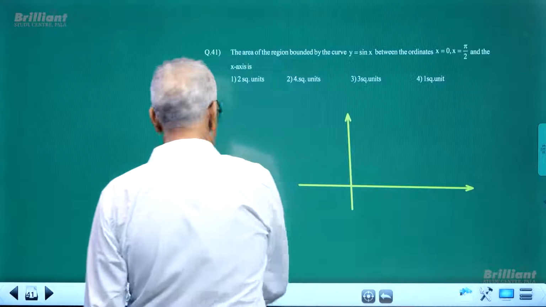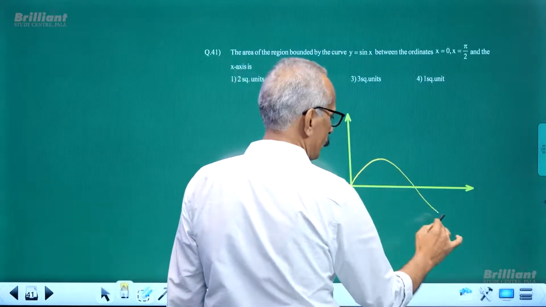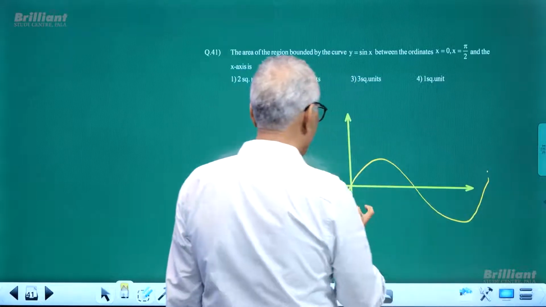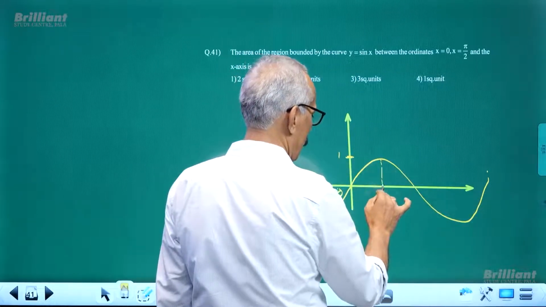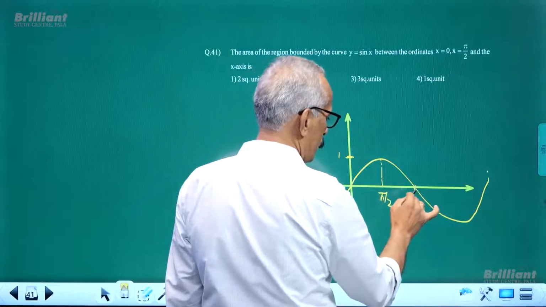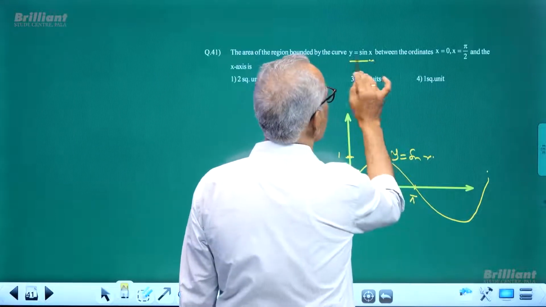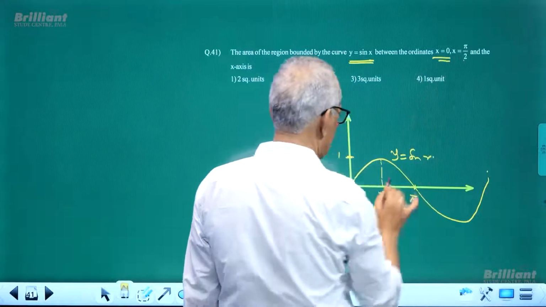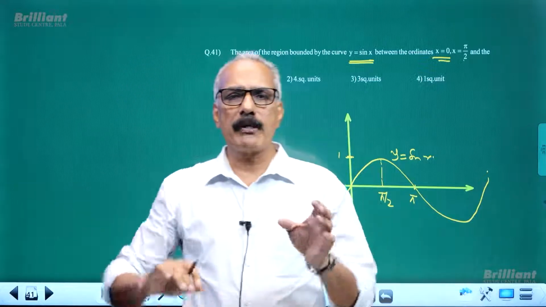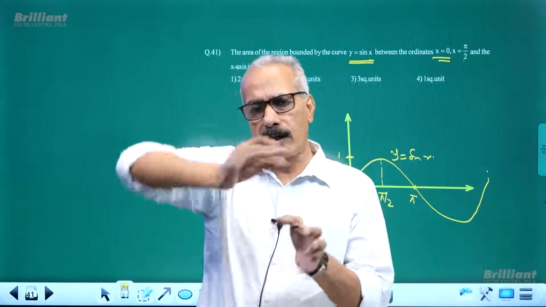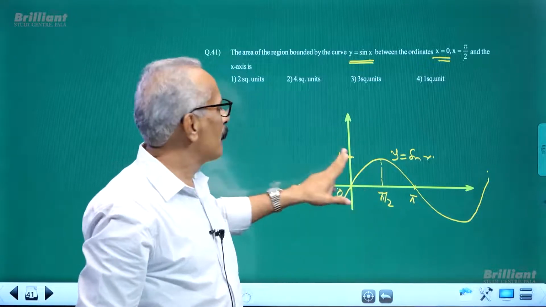The sin x graph, you know, it's like this: 0, this part 1, pi by 2, this is pi, y is equal to sin x. Always remember, for y equal to sin x, area will be 2.